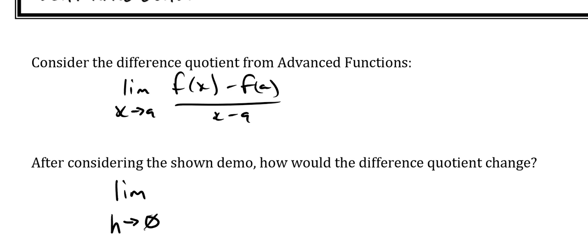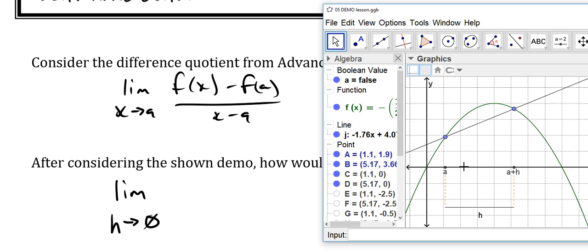Like, what do you think about it? Ka told me he just observed that's what was happening in the graph, in that demo. So if we have a point A, we used to have that point A before, right? It was A and X. Now it's A and A plus H.